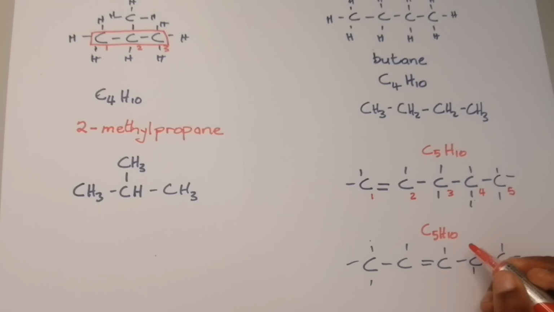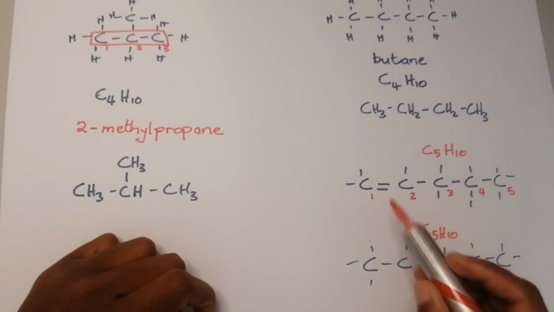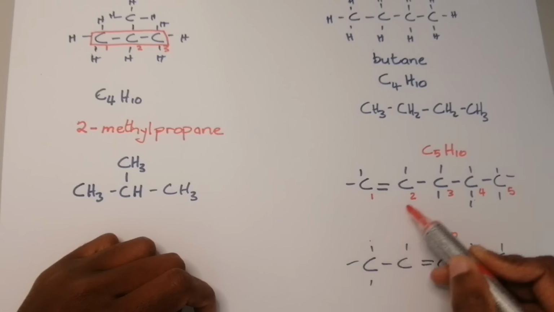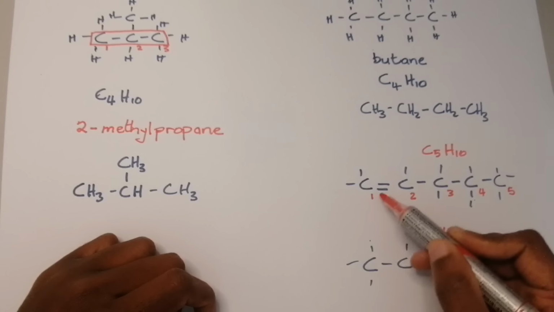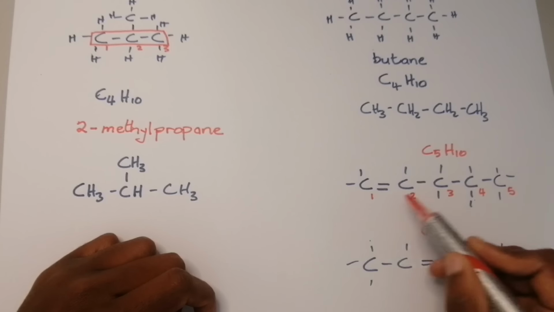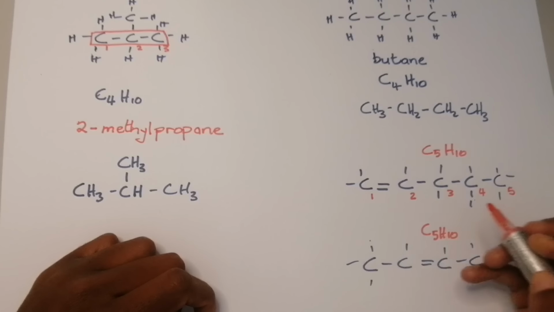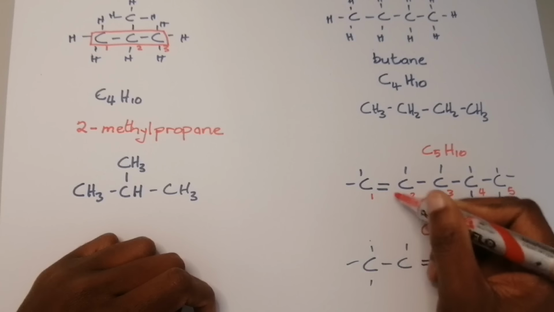Now follow me as I name. Please note, the double bond is between carbon number 1 and carbon number 2, but when we name for double or triple bonds, we take the smaller carbon number. Which one is the smaller number?